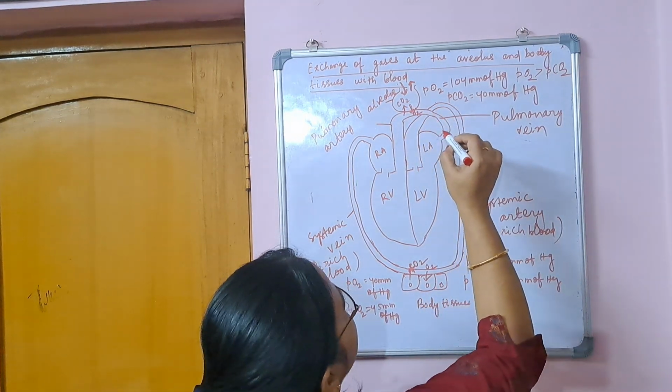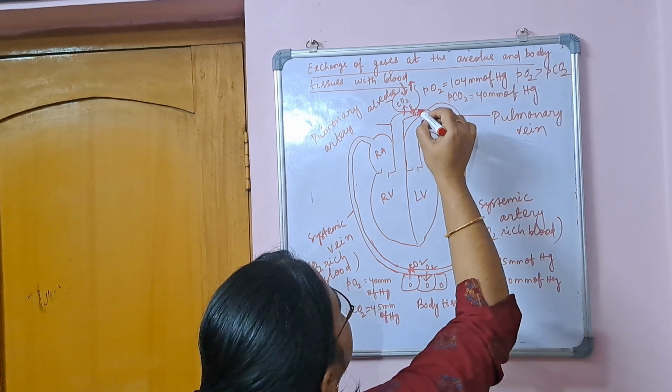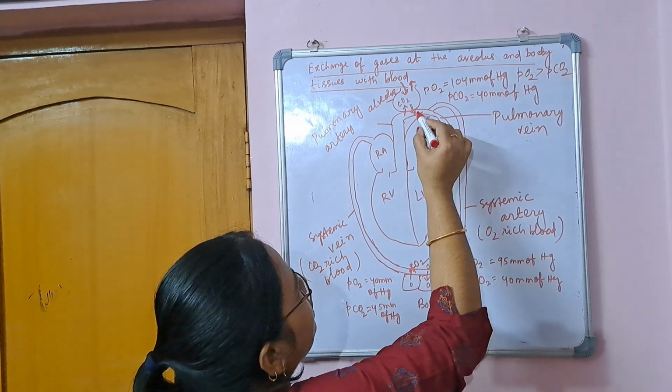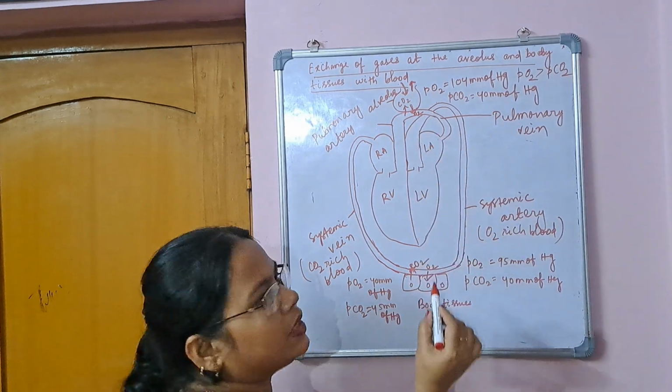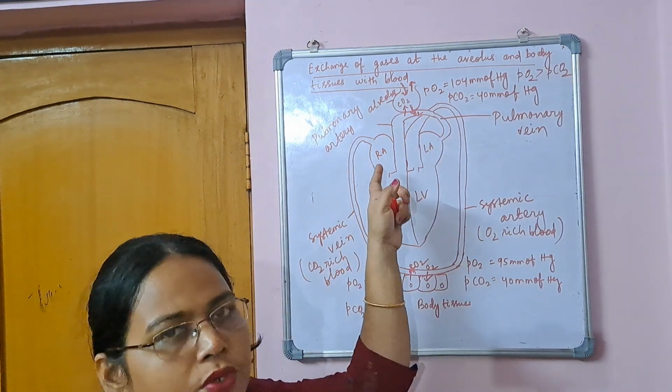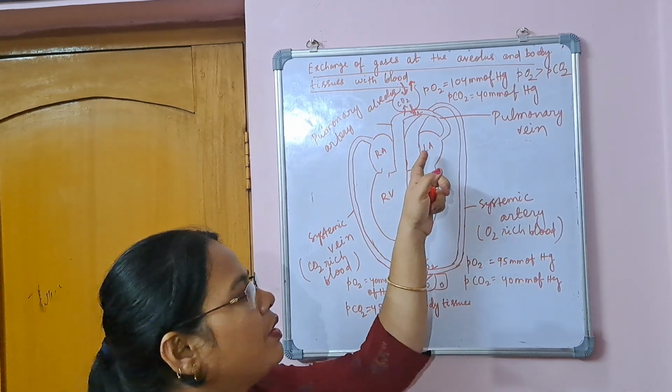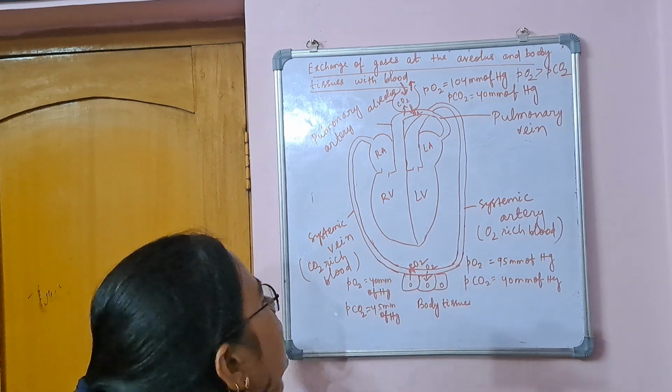Now what is happening to this O2? Before going to this O2, let me tell you, in the heart there are 4 chambers: right side right auricle and right ventricle, left side left auricle and left ventricle.